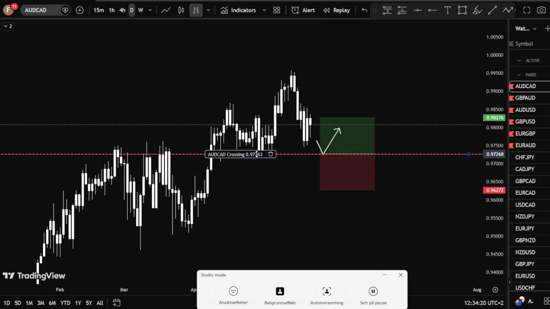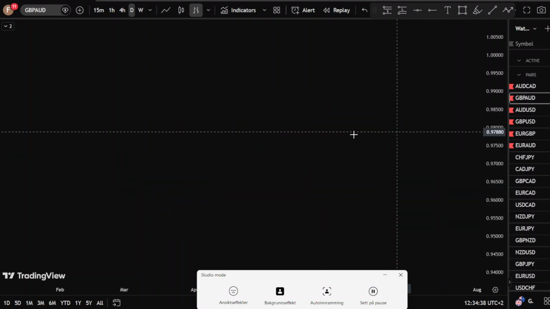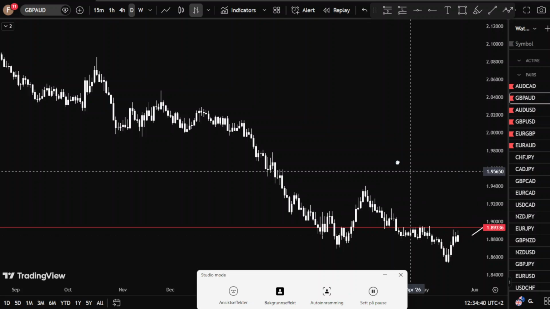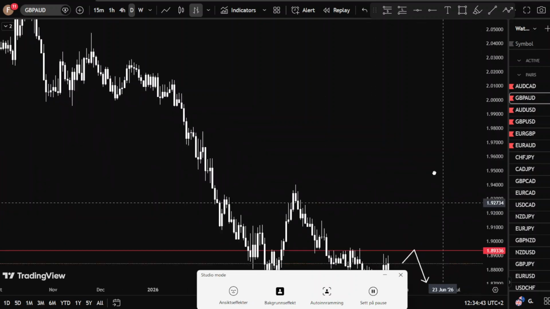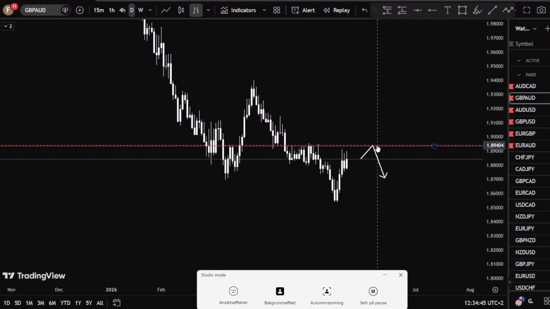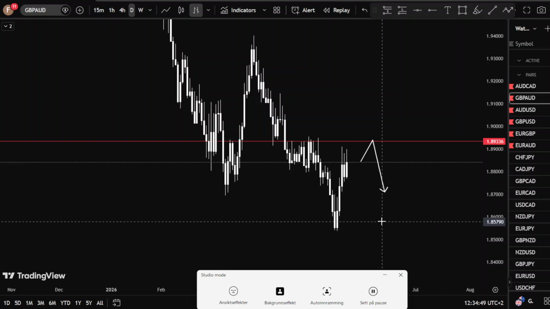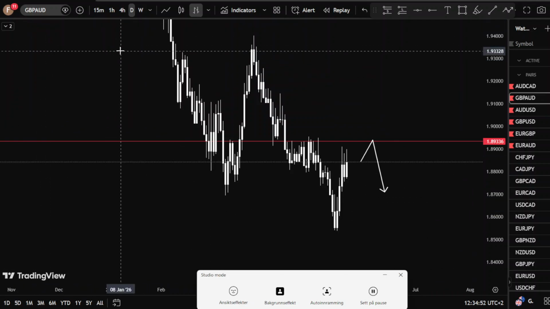If I see that this zone doesn't hold and it starts to go, then I close it early. That makes this strategy work. I almost always do that. This strategy is very simple. You just have to be patient, and you have to actually wait for it to come all the way down to your zone.